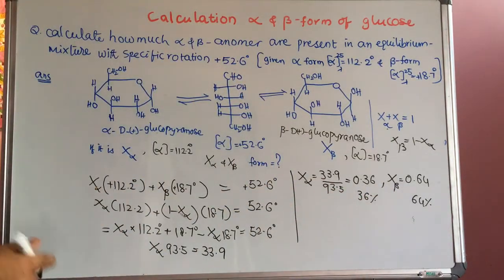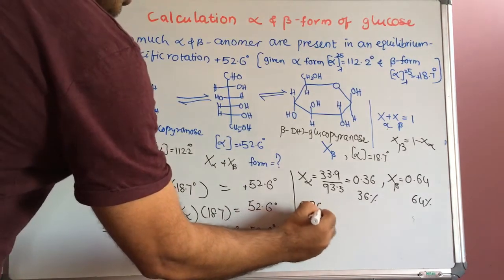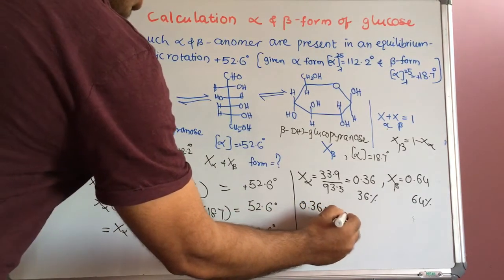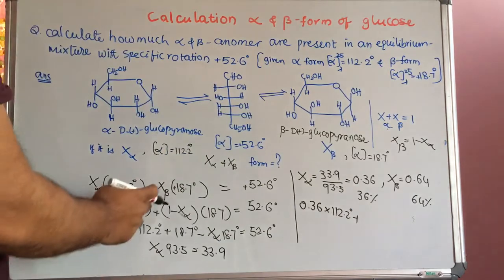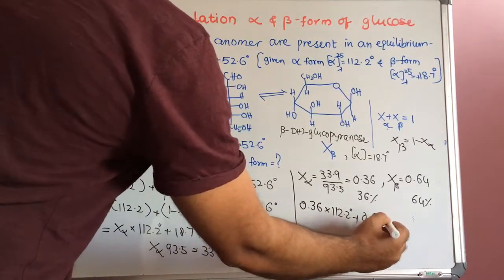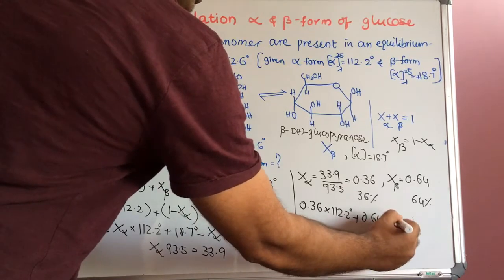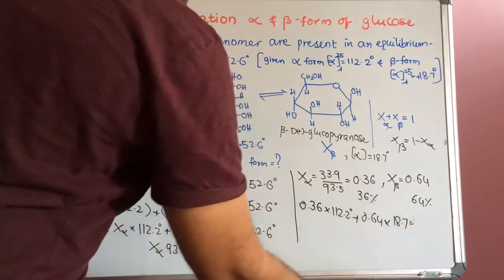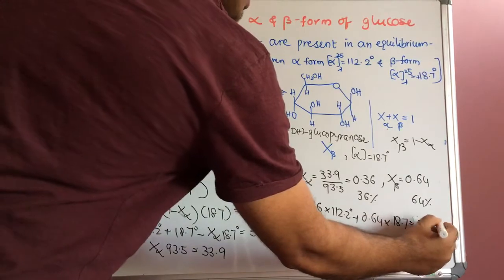Put in this formula: 0.36 into 112.2, plus, in this one, 0.64 into 18.7, that should equal 52.6.